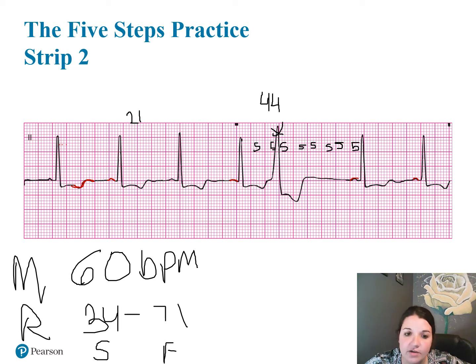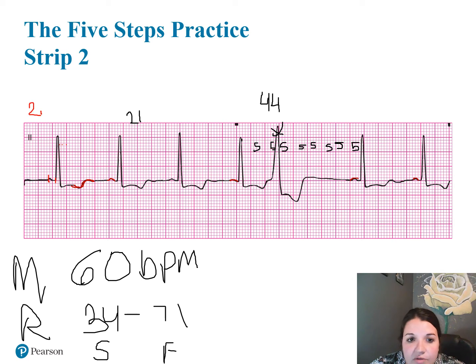Okay, so PR interval, if you remember, it's from the beginning of your P wave to the beginning of your QRS. So I'm going to do it on the first one. Here is the beginning of my P wave, which is half a box before that little line. And my QRS is right on the line right here, the beginning of my QRS. So I can clearly see 2.5 boxes.